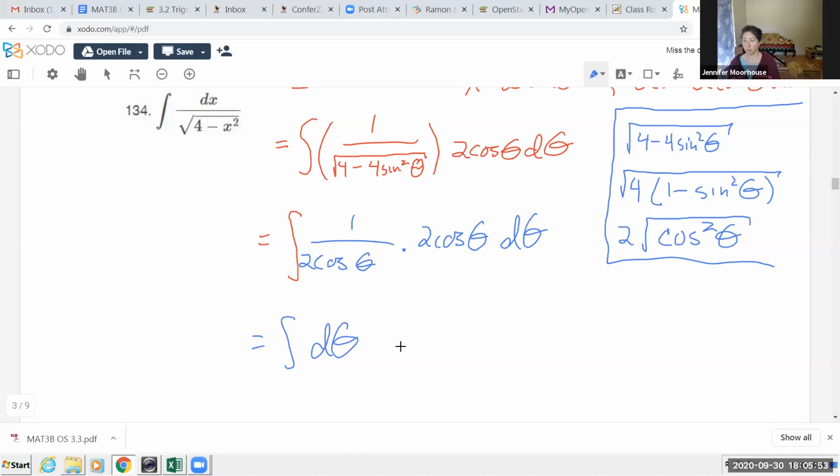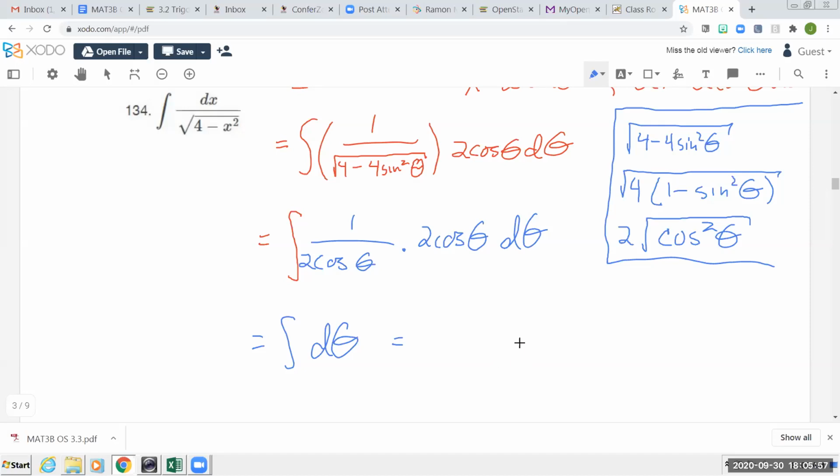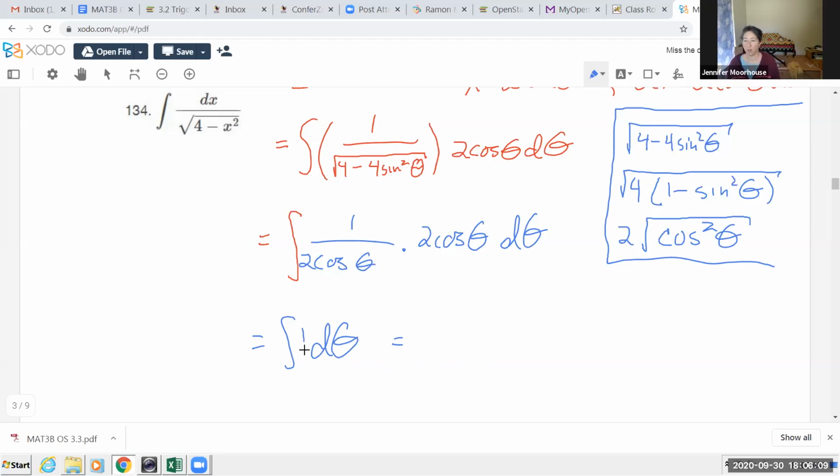What's the integral of d theta? One? No, wait, no. It'd be just theta, right? Yeah, it is a 1 that you're integrating there. It's kind of a hidden 1. And when you integrate it, you get a theta, and we always have to throw in that plus c.